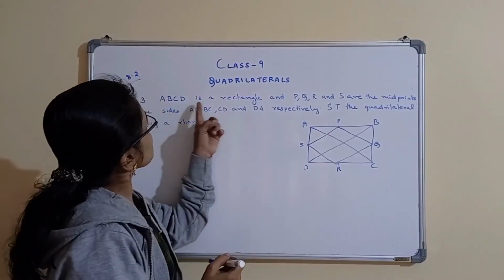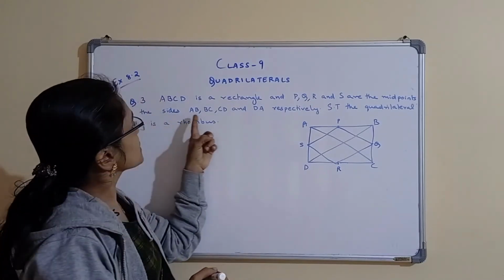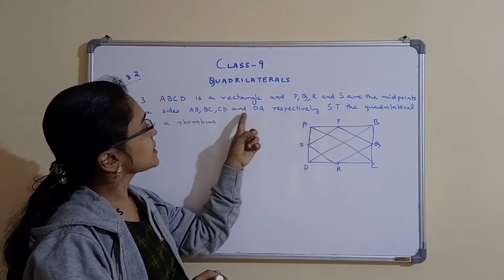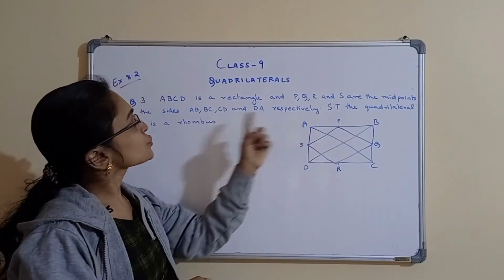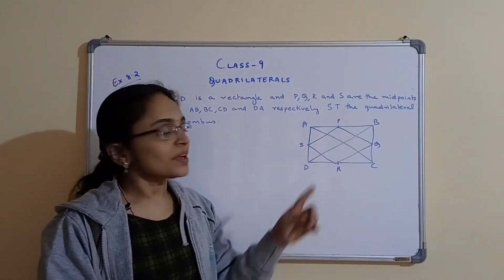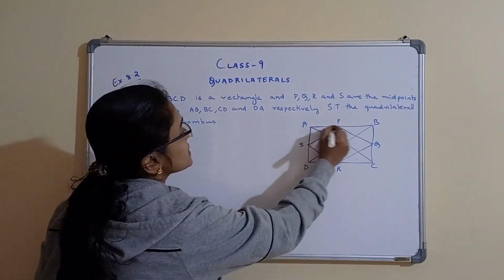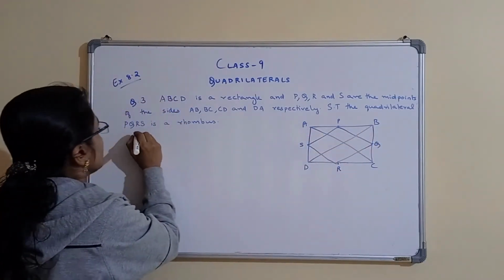Next one is ABCD is a rectangle and P, Q, R and S are the midpoints of the sides AB, BC, CD and DA respectively. Show that the quadrilateral PQRS is a rhombus. We have to show that this PQRS is a rhombus. So first we can take this triangle ABD.